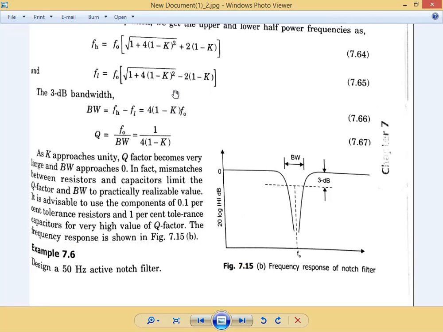Then the quality factor is the ratio of the center frequency to the bandwidth. In this way we are going to obtain a notch filter which is having a narrow bandwidth.